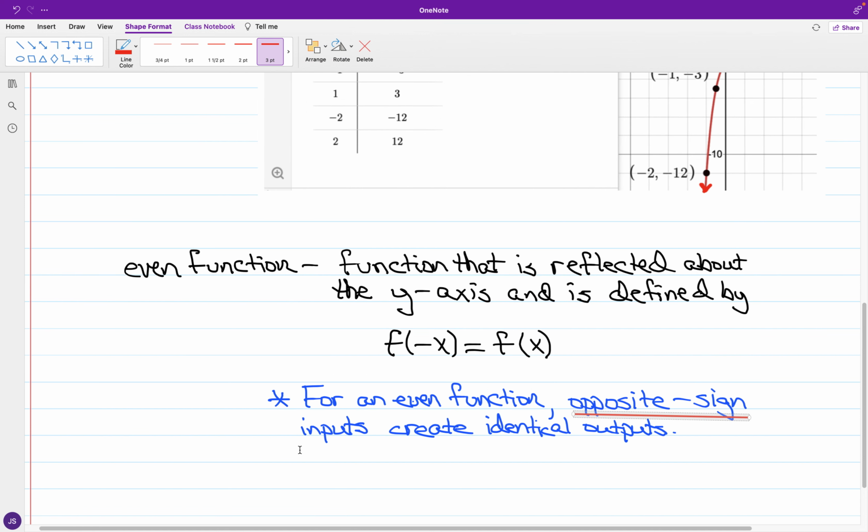So we have opposite sign inputs create identical outputs.